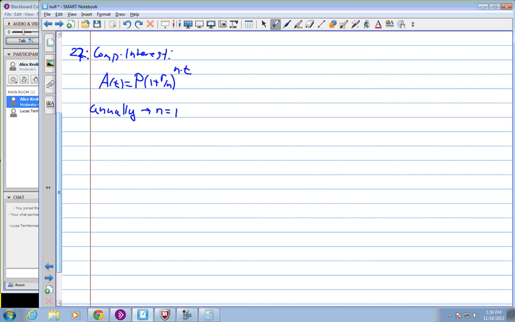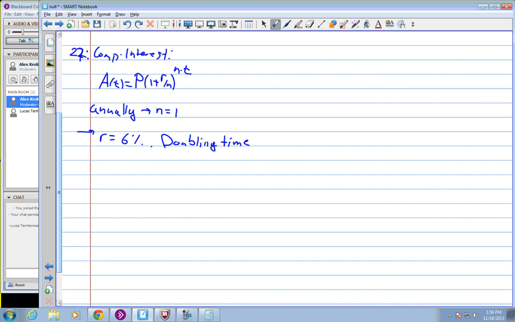So here, all we know now is that the rate equals 6%, and we need to find the doubling time, the time it takes for the investment to double. Now, if this was a continuous situation, then remember the relationship between the rate and the doubling time: it's the natural log of 2 divided by the rate.